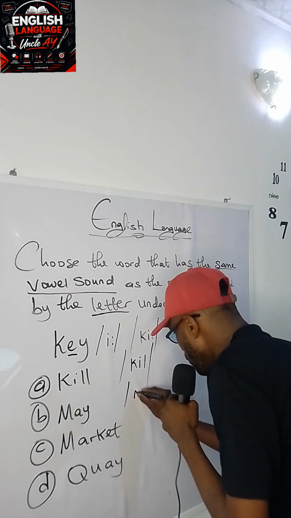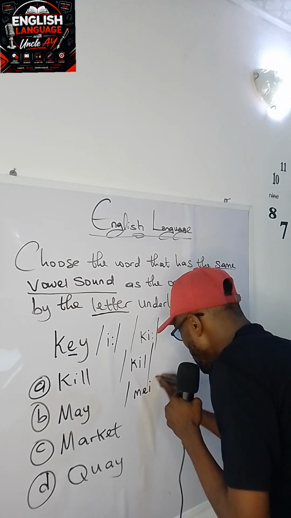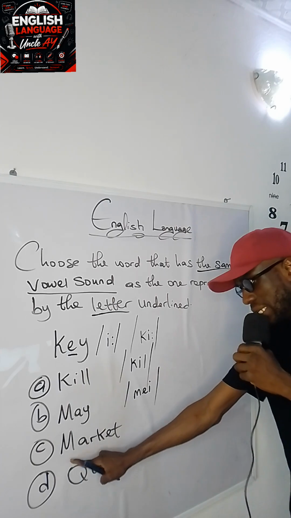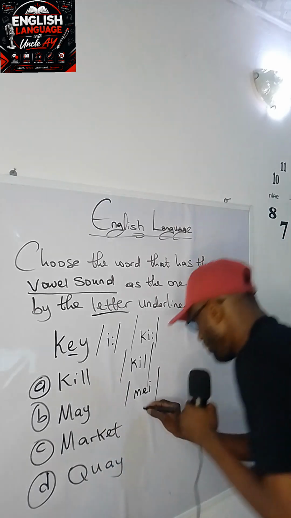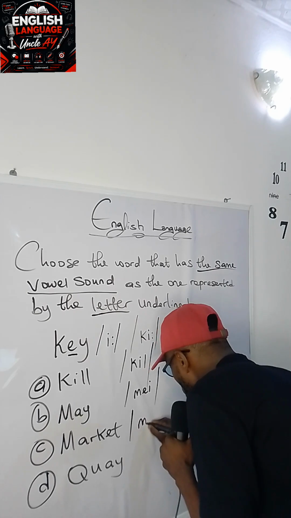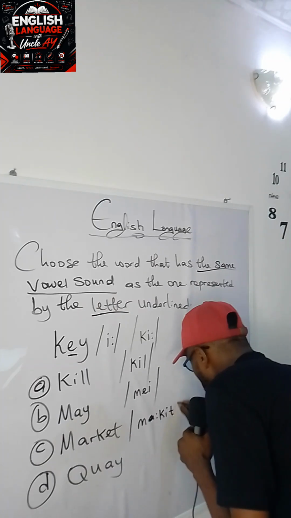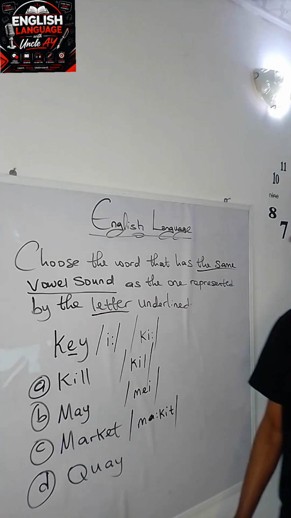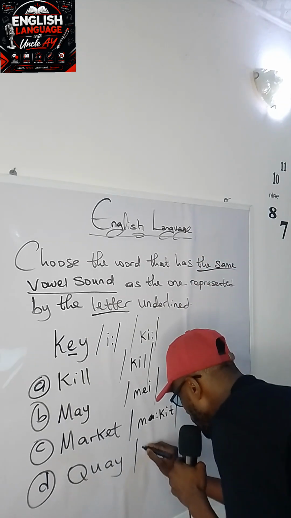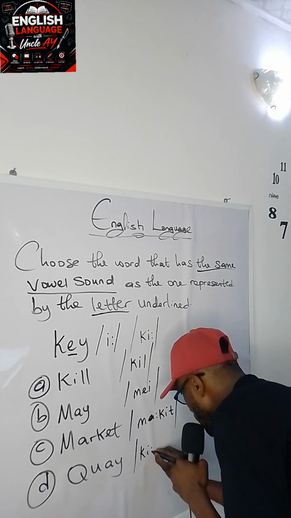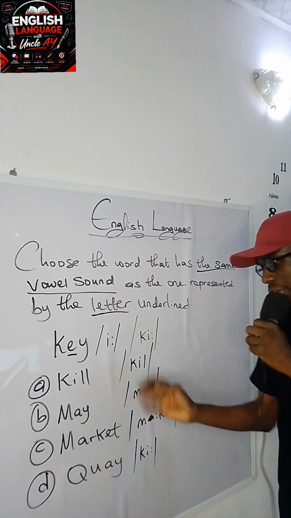May is transcribed this way. Option C, market. So what you have is market. And then finally for option D, it is key, right?